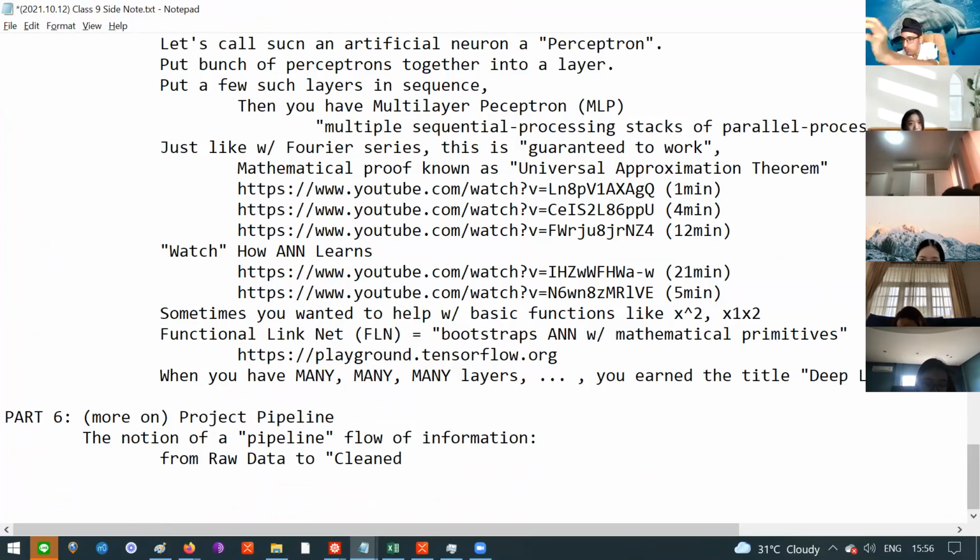Now this would be some kind of cleaning, okay? Then from clean, okay, to some kind of pre-process.